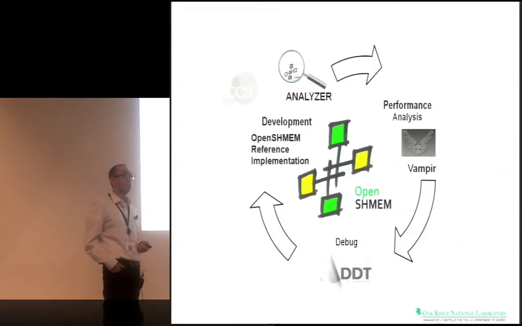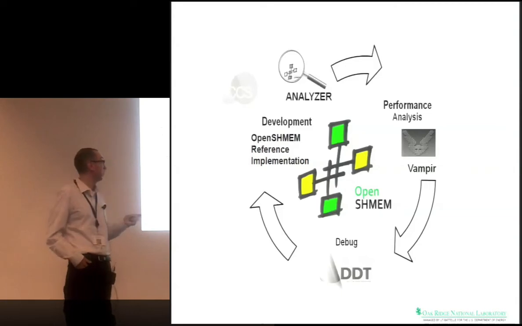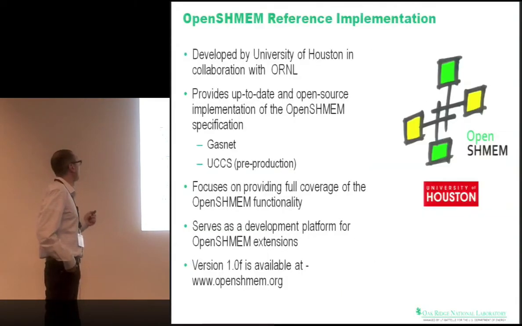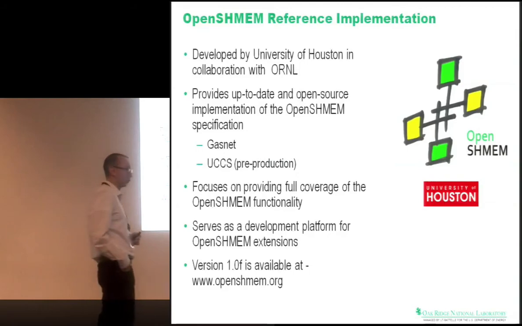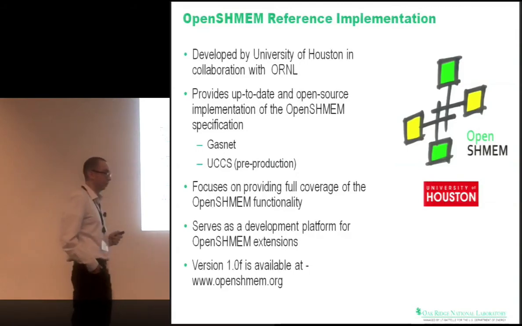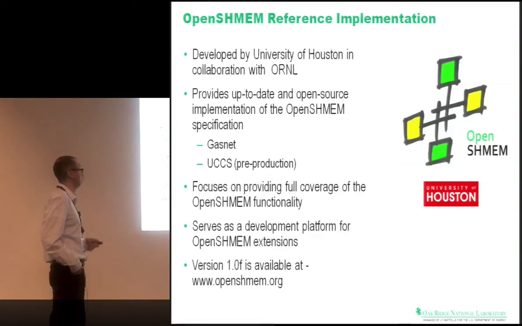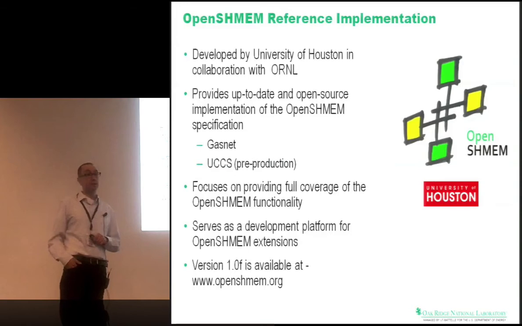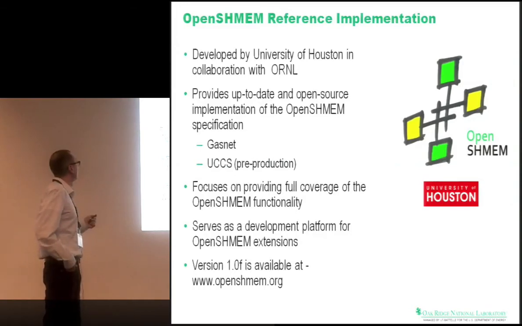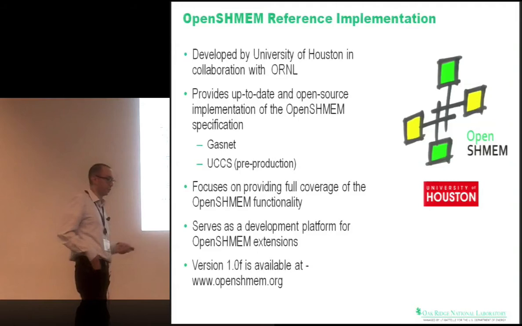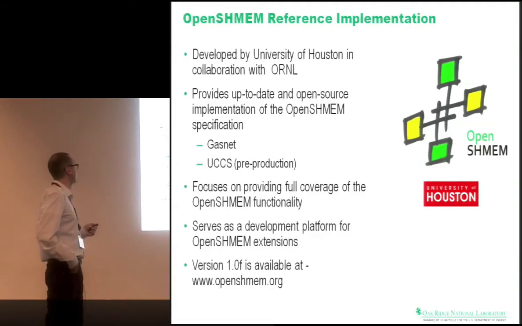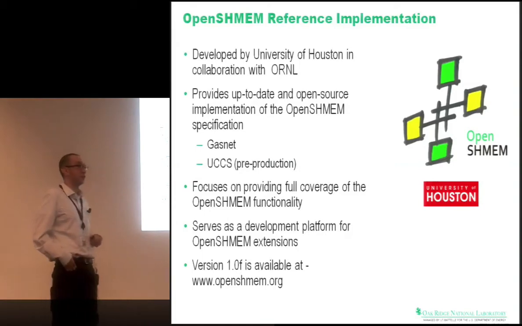So let's talk about the OpenSHMEM reference implementation. As I mentioned, developed by University of Houston in collaboration with ORNL, it provides an up-to-date open source implementation of the specification. On the network side, it's based on GASNet, and recently we introduced UCCS, which is pre-production support for high-performance network interfaces. The implementation focuses on providing full coverage of the specification.